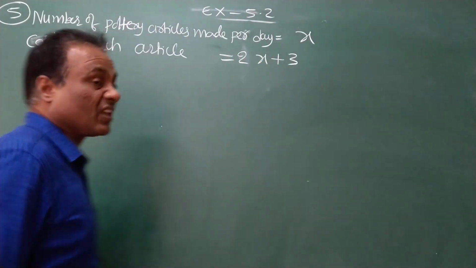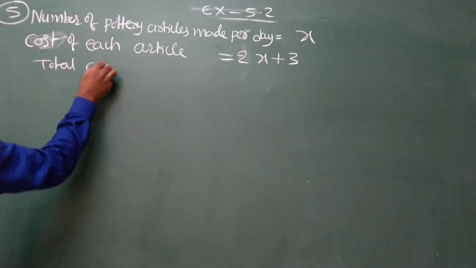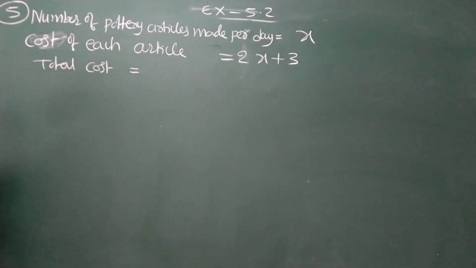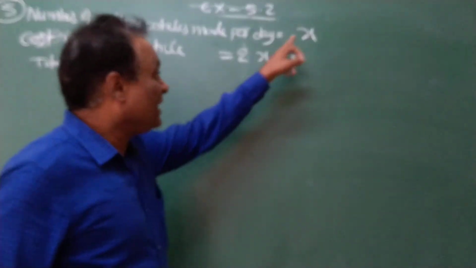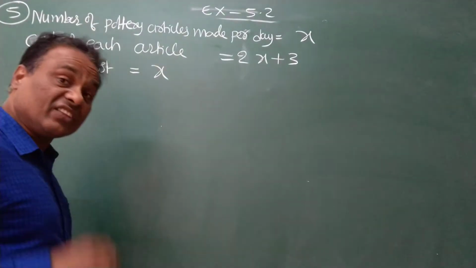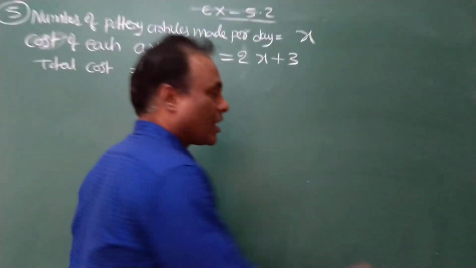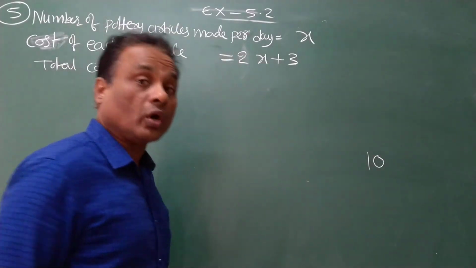So total cost is, students see here, equal to how many articles we are preparing? x articles. Cost of each article is 2x plus 3. Suppose we are preparing 10 articles, each article 20 rupees.